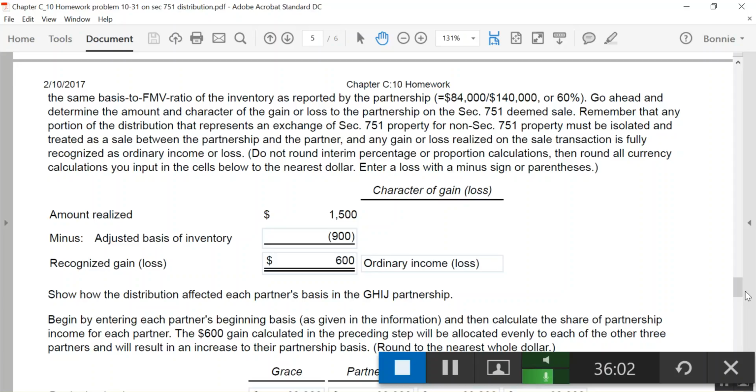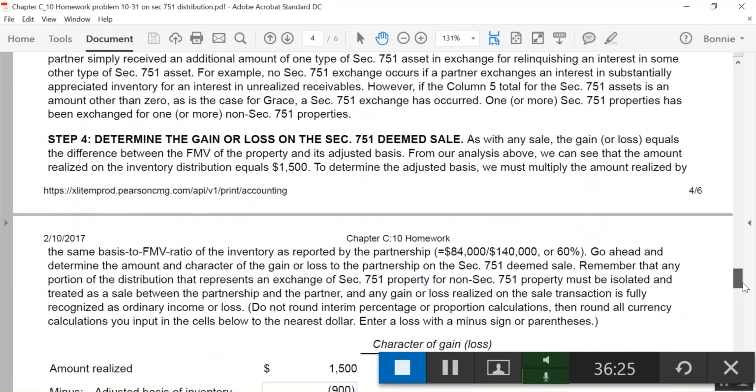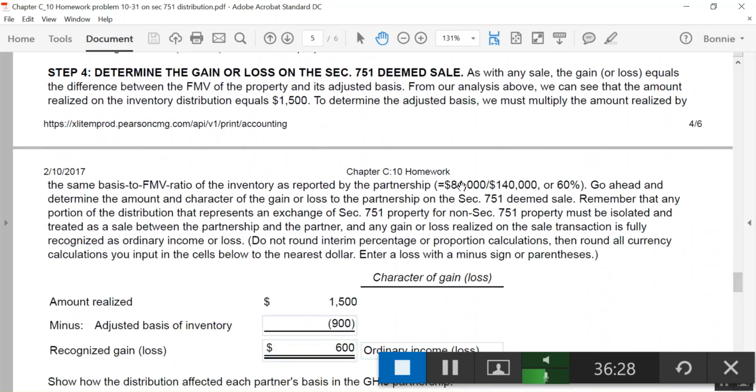So the way that you calculate the adjusted basis of the inventory that's given up in this deemed sale is by essentially going back to column 5, taking the total 751 asset fair market value deemed to be given up here, which is $1,500, and multiplying it times that basis to fair market value ratio of the total inventory.